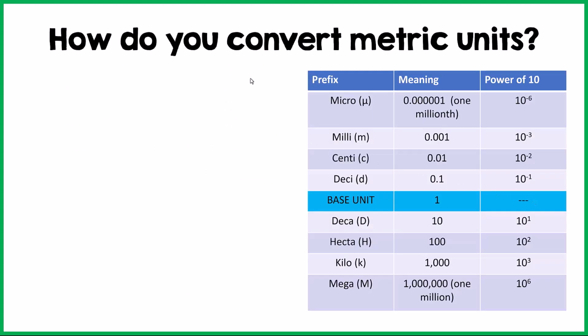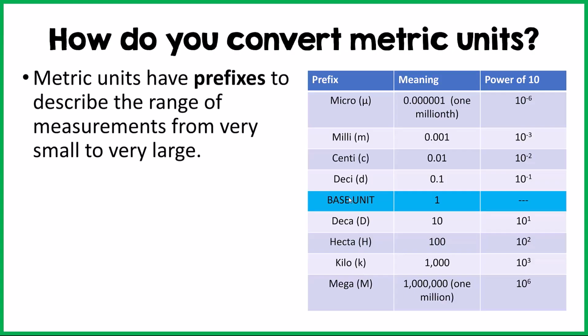How do you convert metric units from one unit to another? Well, here is our chart showing the base unit, which would be those ones that we just discussed, meter, gram, and so on. And then the prefixes that we put in front of them to show how much smaller or how much larger something is from that base unit.